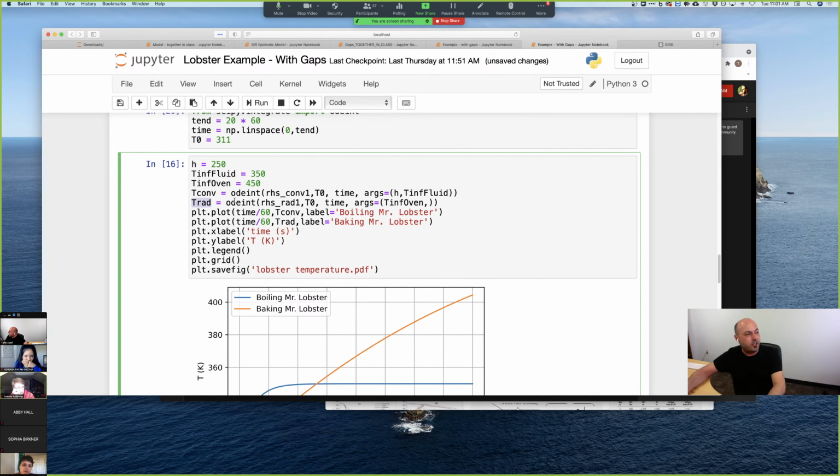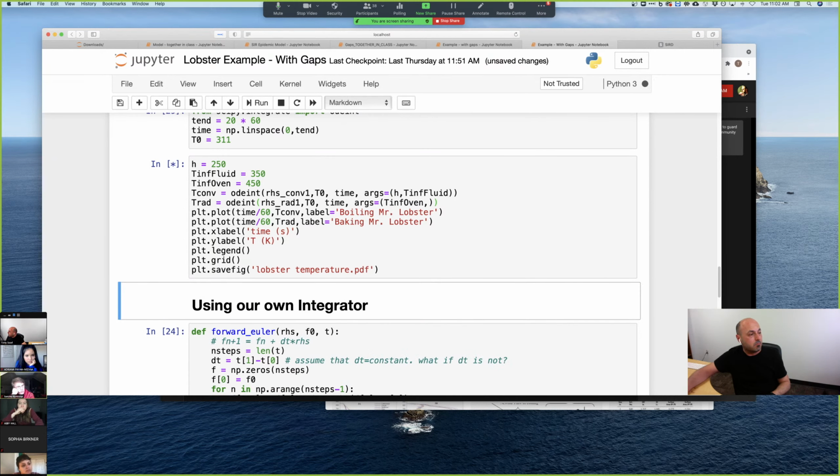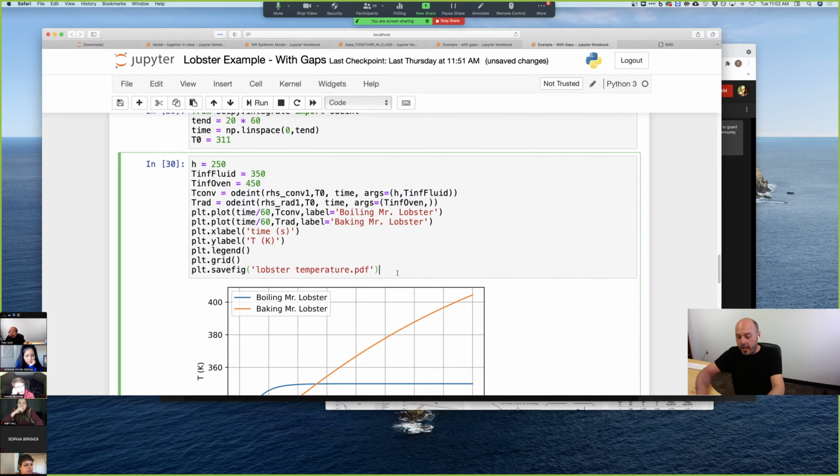Same thing for radiation: you call odeint, give it right-hand side radiation 1, initial condition T0, time, and we need to pass it the argument T infinity oven. You have to put a comma over here, otherwise Python might bark at you. Just do that.